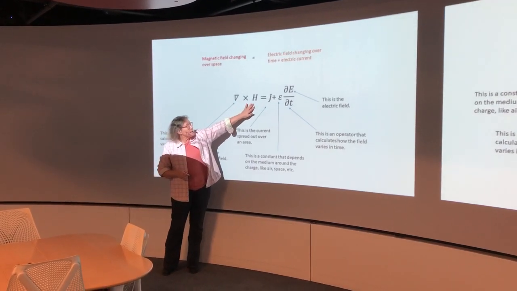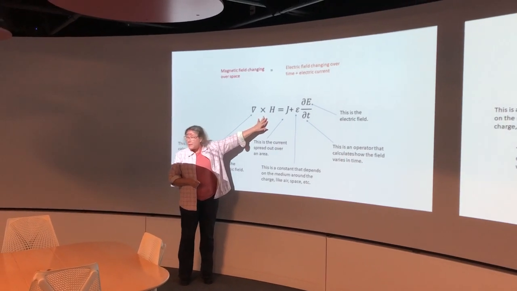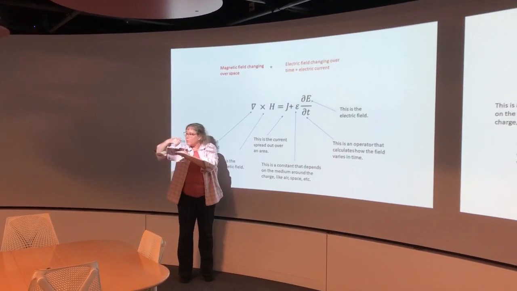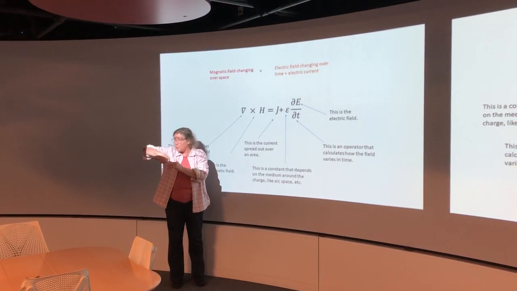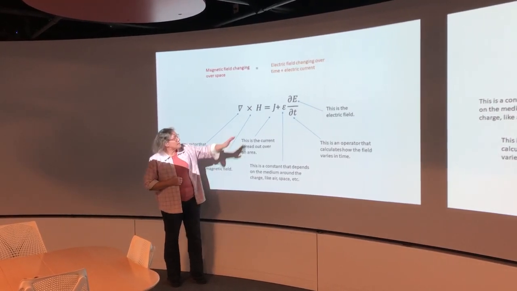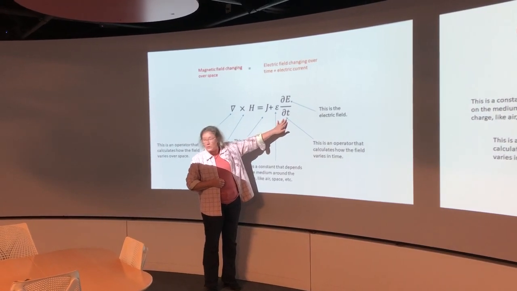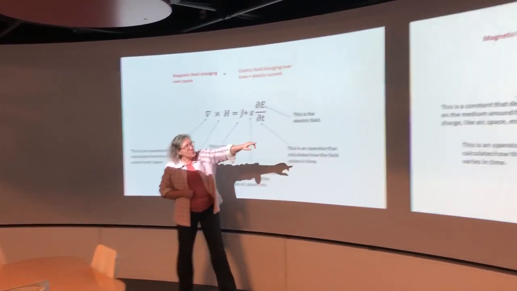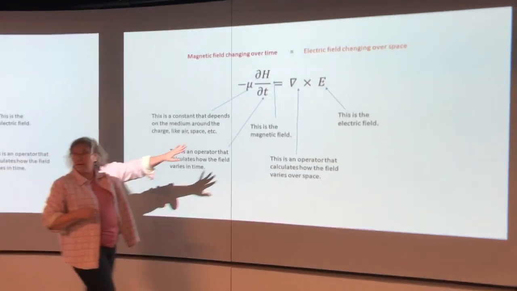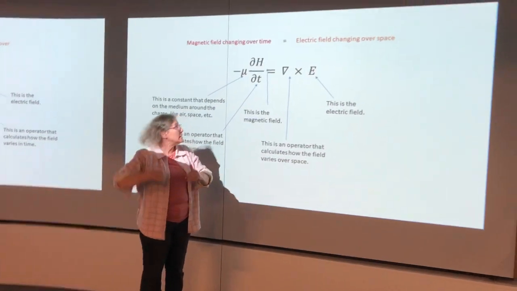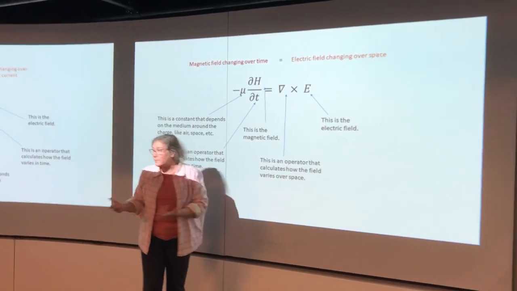So this isn't just varying in space, it's varying around a point, okay? And then the way the electric field varies around a point gives you the time varying magnetic field.